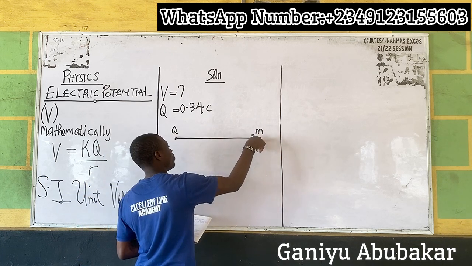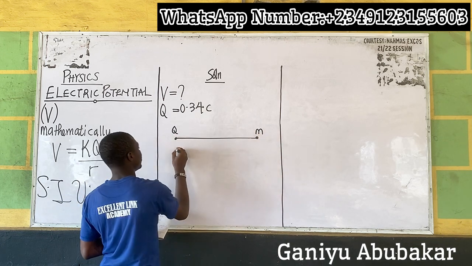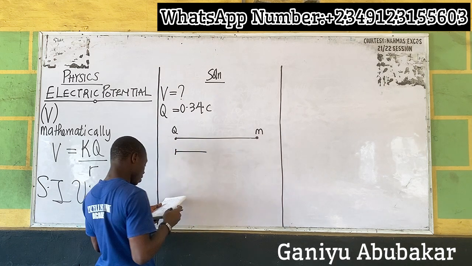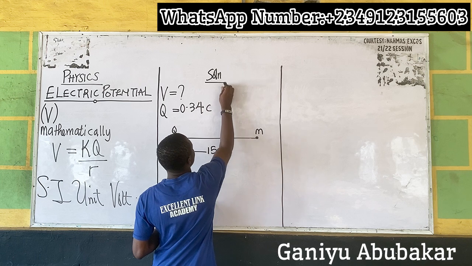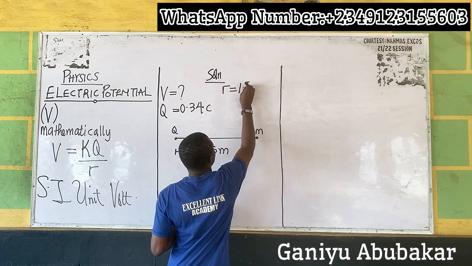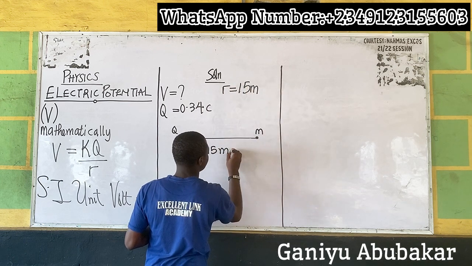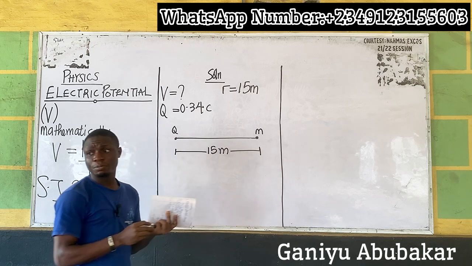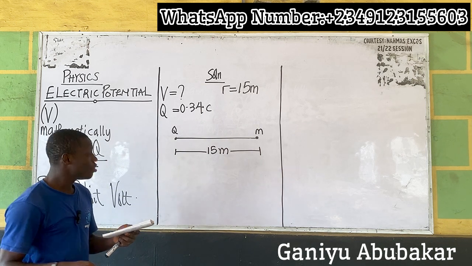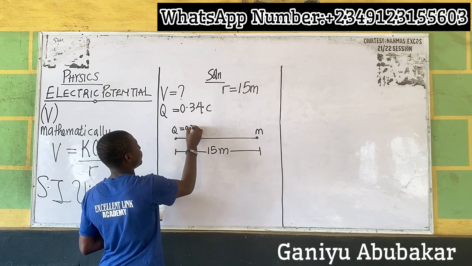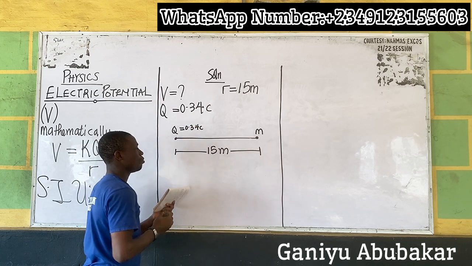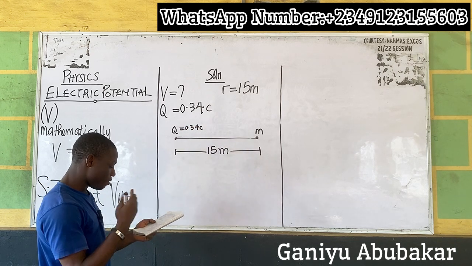From point M to this charge, the distance given is of course 15 meters. So the R is given as 15 meters, and Q is given as 0.34 coulomb. Alright, I have this diagram.